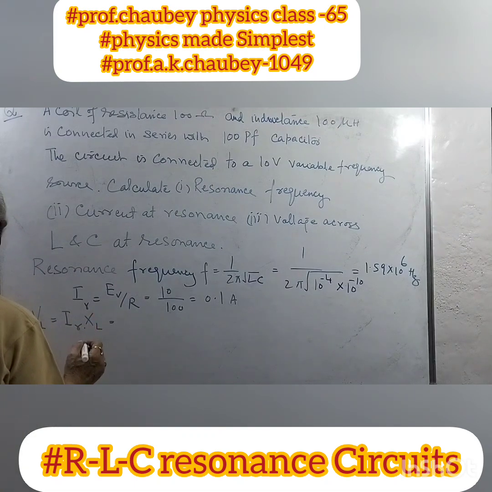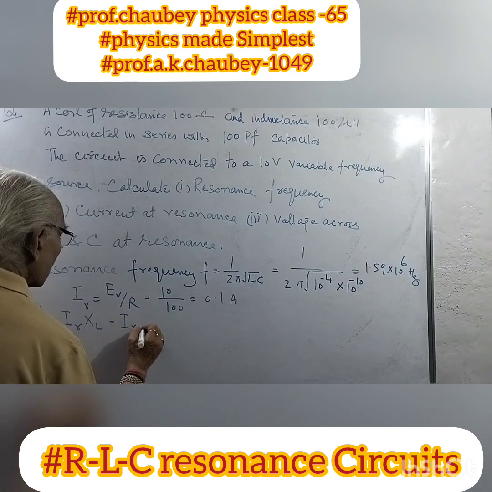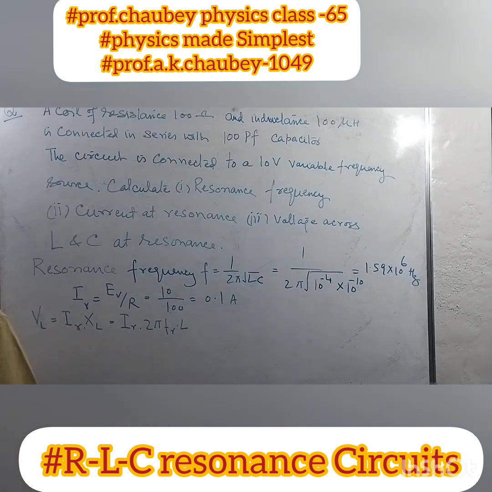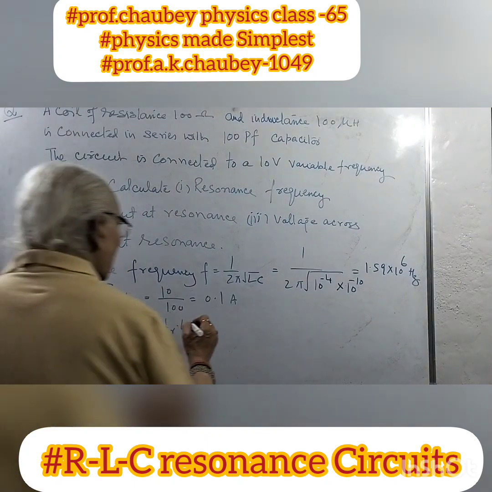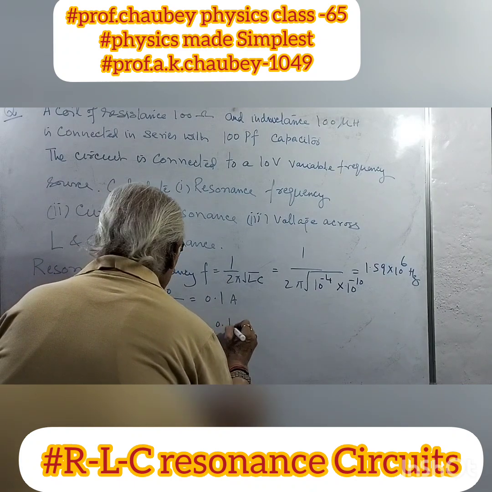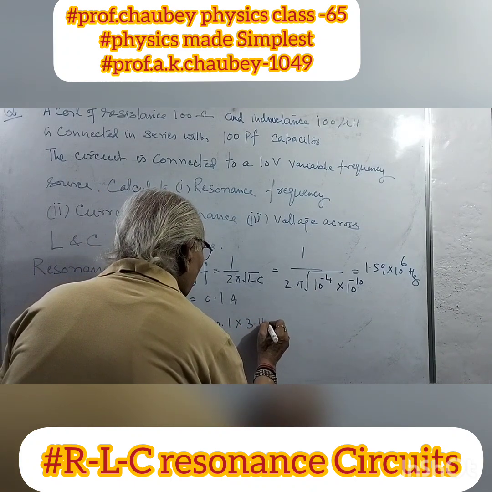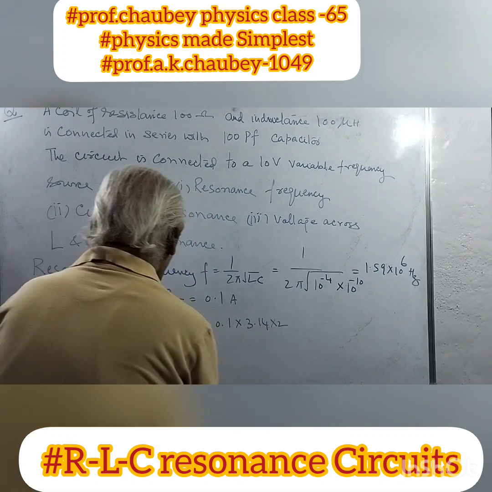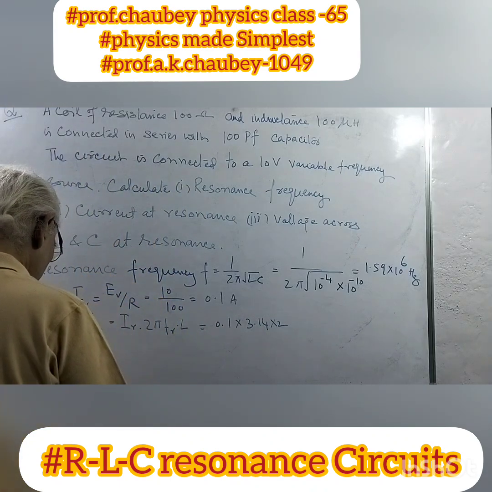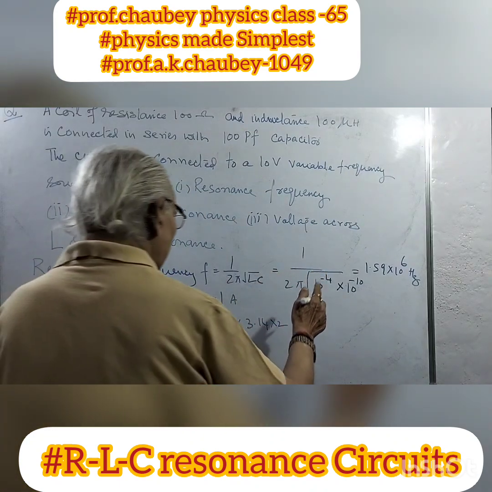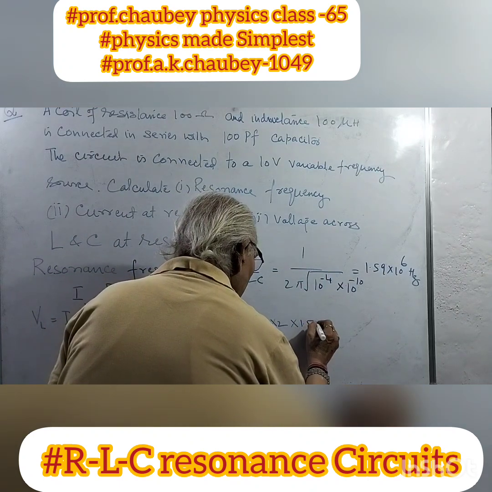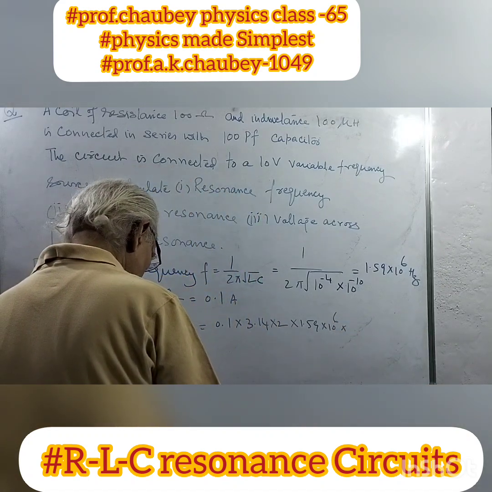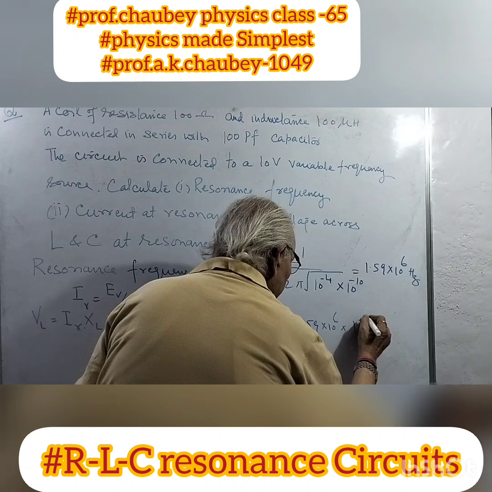So that is IR times 2 pi FR times L. So we can calculate: IR 0.1 into 2 into 3.14 into FR, which is 1.59 times 10 to the power 6, into L, where L is 10 to the power minus 4.